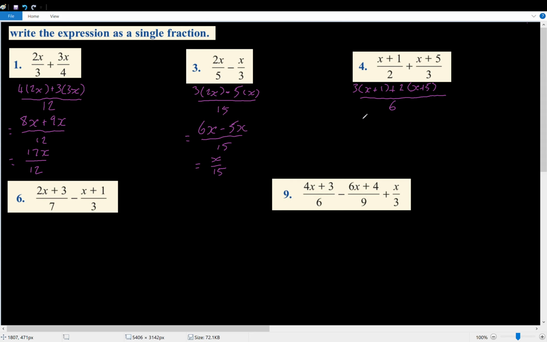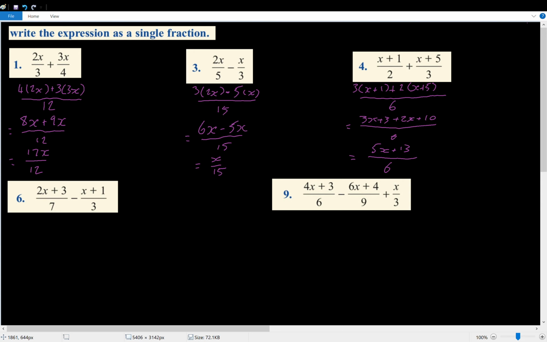Then when we expand those brackets out, we get 3x plus 3 plus 2x plus 10, and that's all still over 6. And then we tidy that up a bit. 3x plus 2x is 5x, and 3 plus 10 is 13, and that's all still over 6. And that's that for question 4.